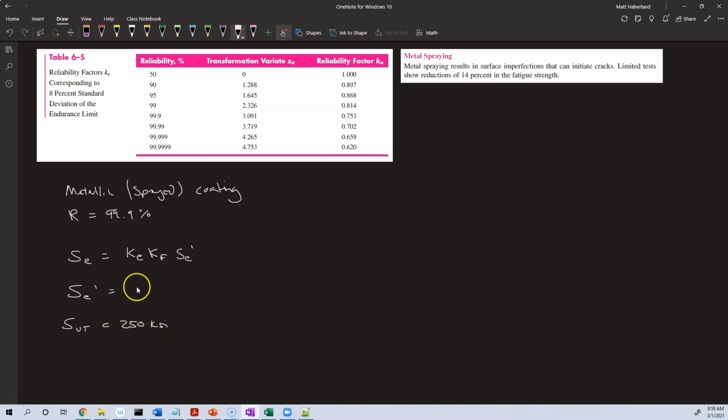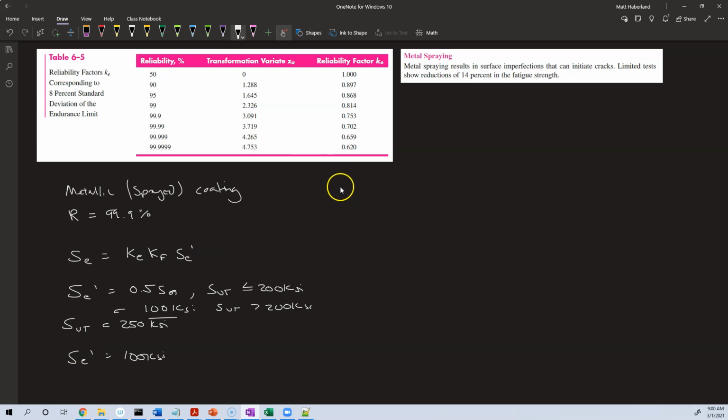And normally we say that 0.5 times SUT would be our endurance limit of a specimen. But this is only when SUT is less than or equal to 200 KSI. When SUT is greater than 200 KSI, we just have 100 KSI. That's the recommendation Shigley makes, and so our SE prime in our case is just 100 KSI, not 125 KSI.